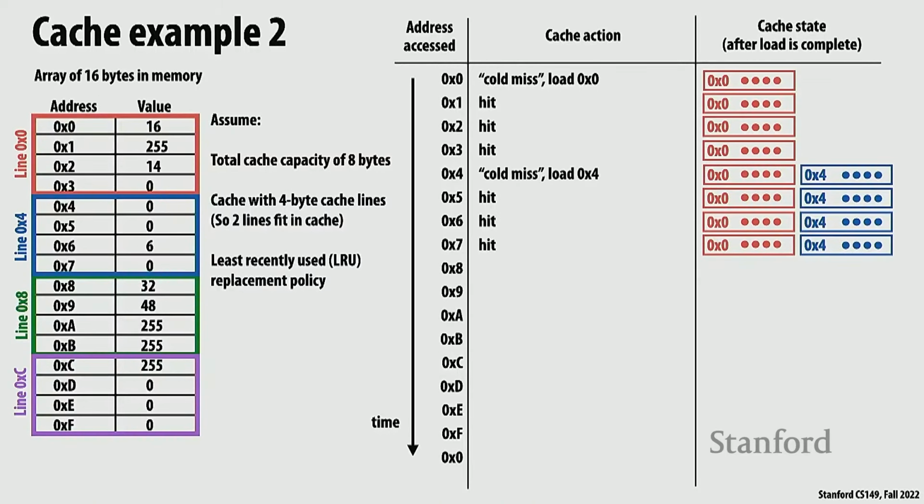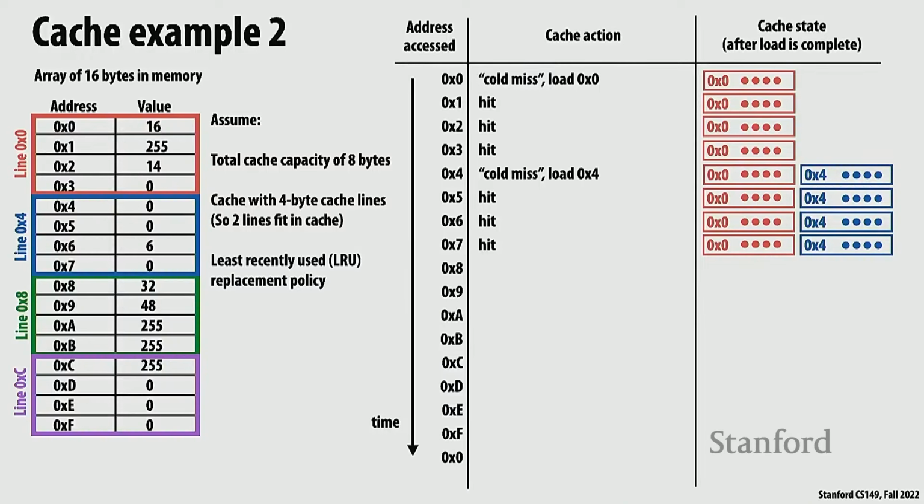But what do I do? My cache is full. So now we got to throw something out, right? And last time I told you that in this class we're going to assume a very simple policy of least recently used. There's some questions on the website about this. So the line that I have touched least recently, the longest time ago, is the one that I'm least likely, that's the assumption, to touch again.